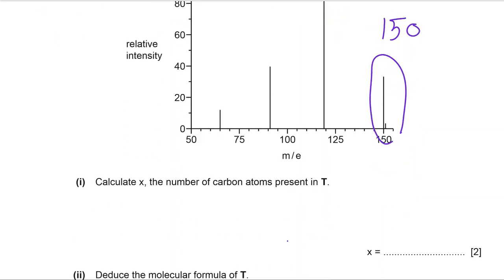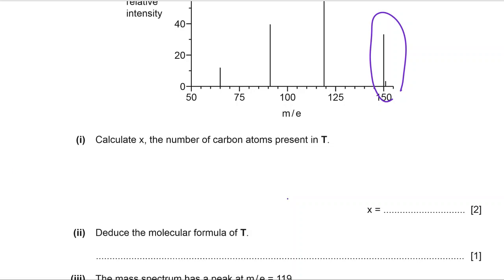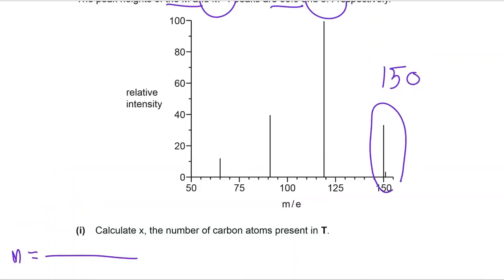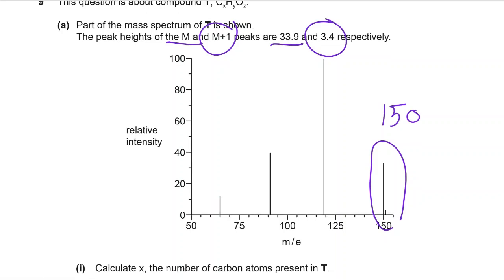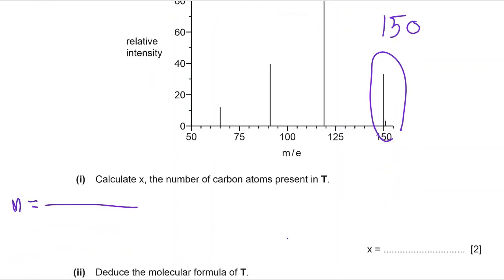By using this equation: number of carbons equals M plus 1 over M, times 1.1, a fixed constant, and times 100.